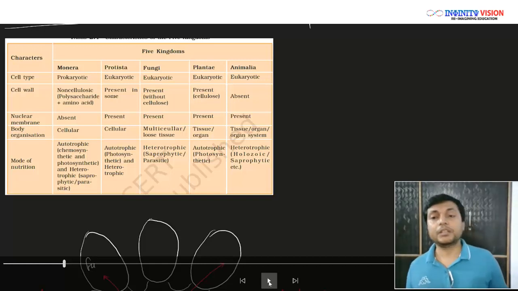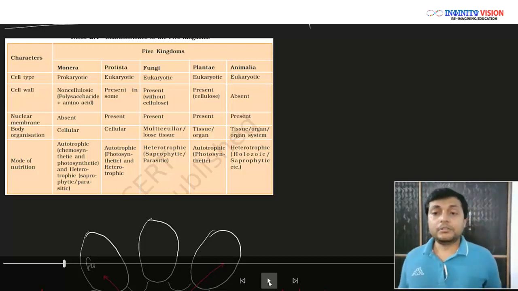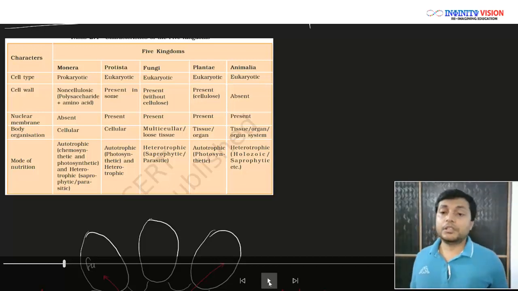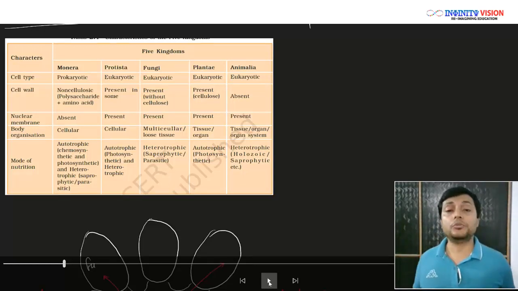Okay, great. When we go to mode of nutrition, the Monera have autotrophic nutrition, they have chemotrophic nutrition, they have heterotrophic nutrition, they have saprotrophic nutrition, they have parasitic nutrition. So monerans can have all modes of nutrition. In fact, kingdom Monera shows the greatest diversity in the mode of nutrition.